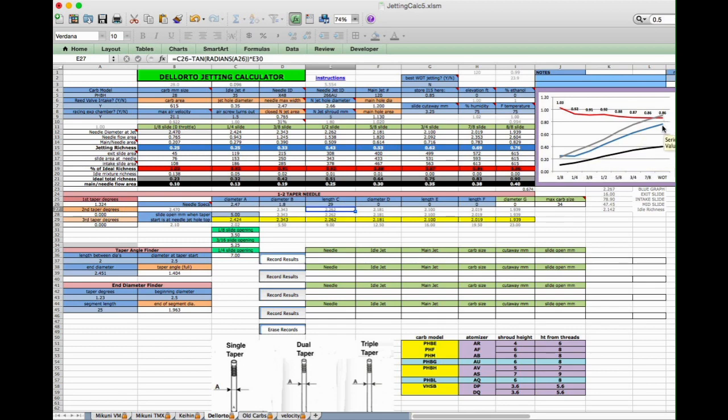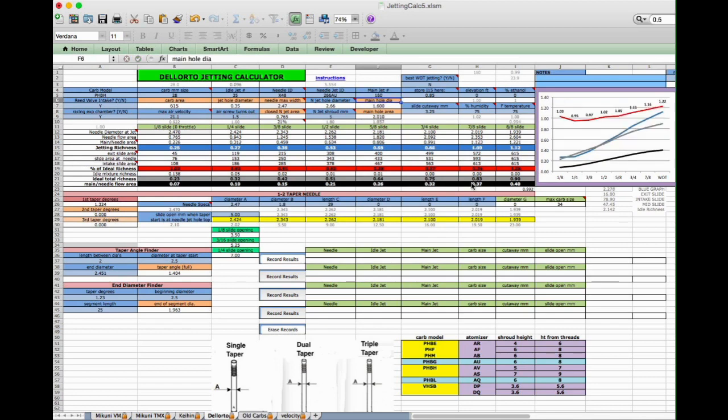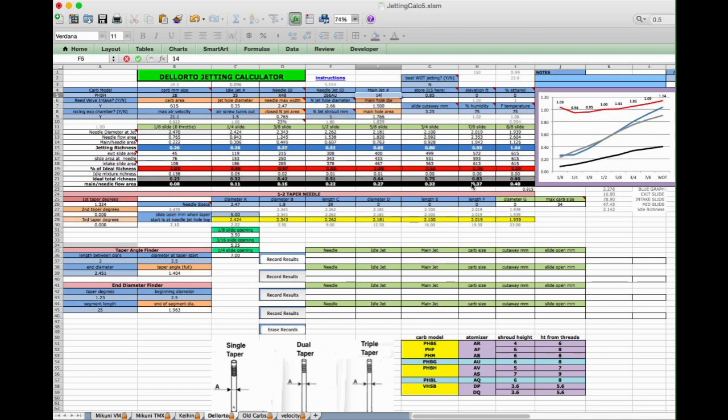Okay, so right off the bat, I'm going to need to increase the main jet. I'm going to bring this kink a little bit to the left by making this smaller.